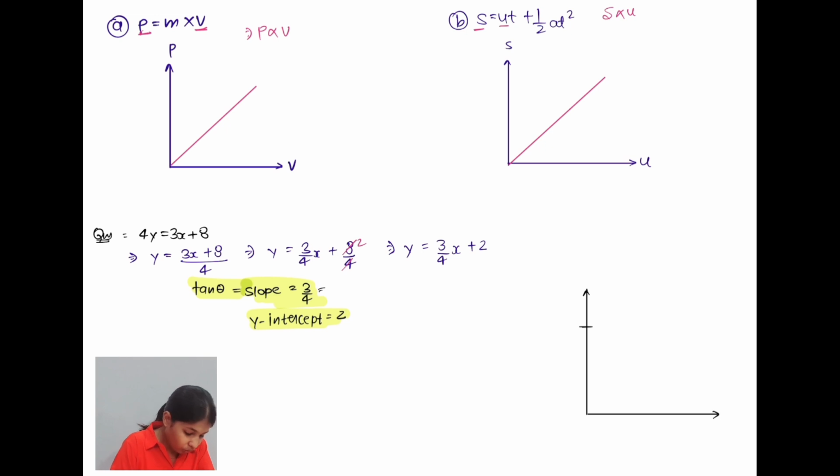Now, what should be the value of theta so that it can become 3 by 4? Now you have to give the answer instantly in the comment box according to the time stamp, so that I can check.